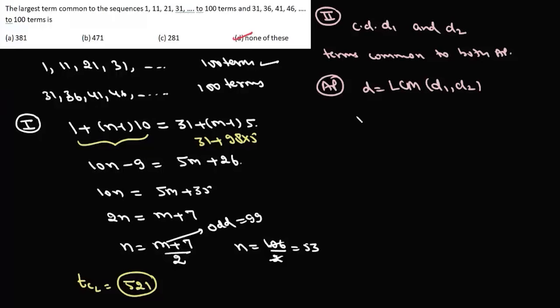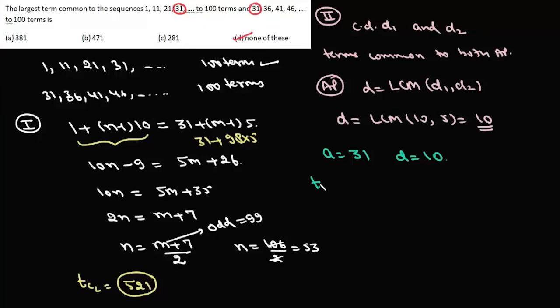So in this case, the terms which are common will form an AP, and the common difference of that AP will be the LCM of, now here the common difference is 10, and for the second one the common difference is 5. So the value of D for this AP will be 10. Now the first common term in both the sequences is 31. So the terms which are common to both the series will form an AP with first term 31 and common difference of 10.